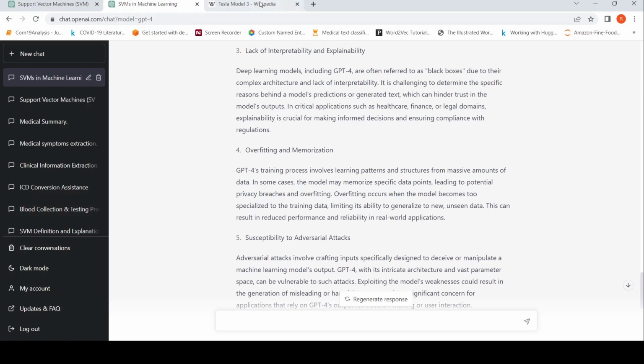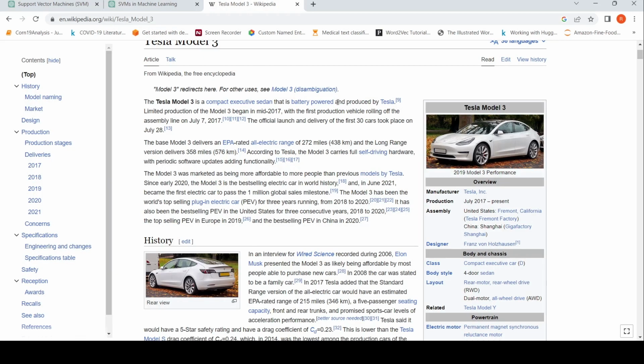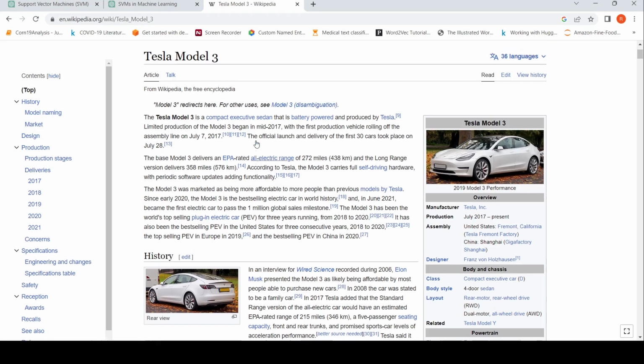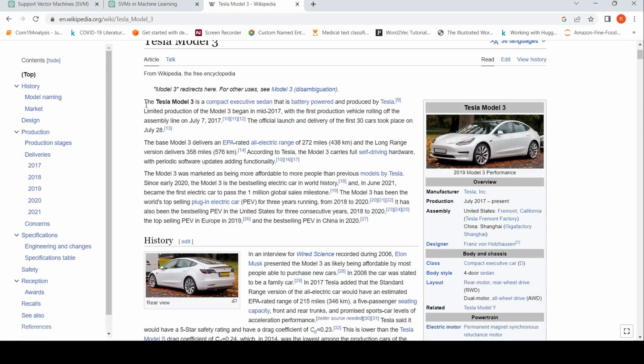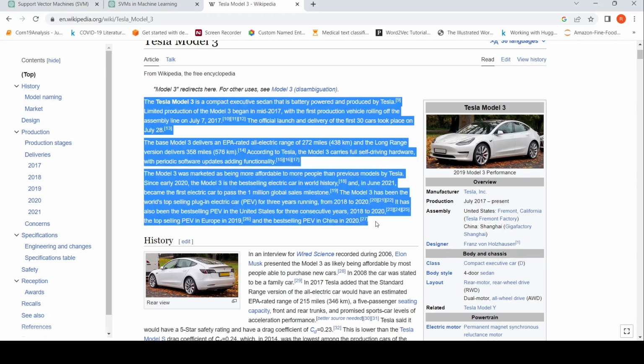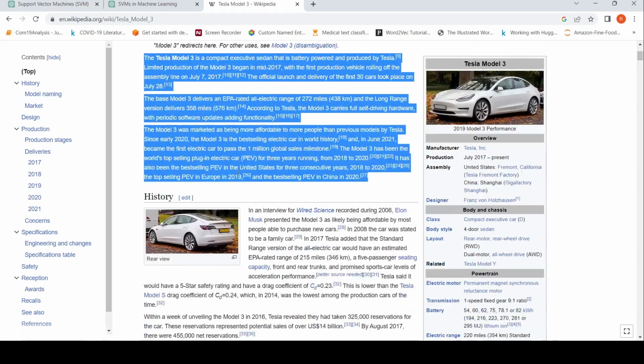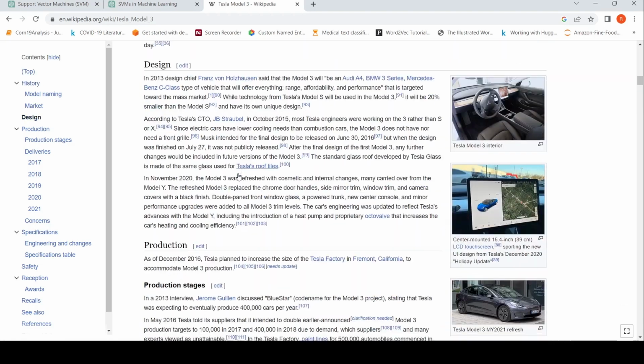Okay, for the next task, I want to write not an article but a mail to my customers introducing the Tesla Model 3. So I will just copy this part from Wikipedia. I will not go into history or design, nothing.